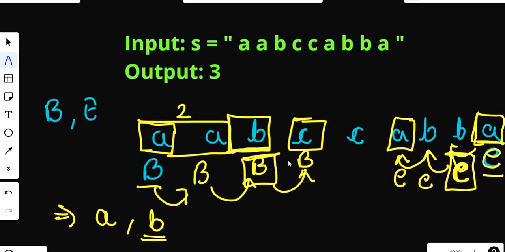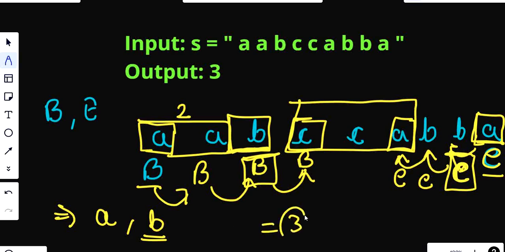But as we can see that the prefix and suffix are not same, so we will simply step out and we will return the length of this left out string, or the minimum length with which we can say that there is no similar prefix and suffix left. So answer will be 3. So this was the whole approach.